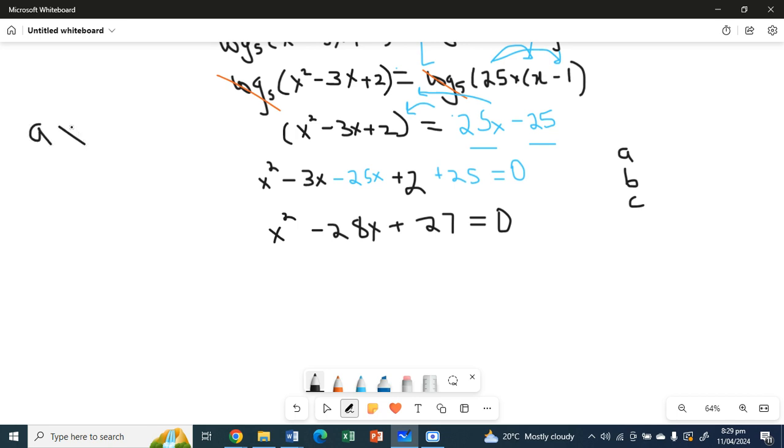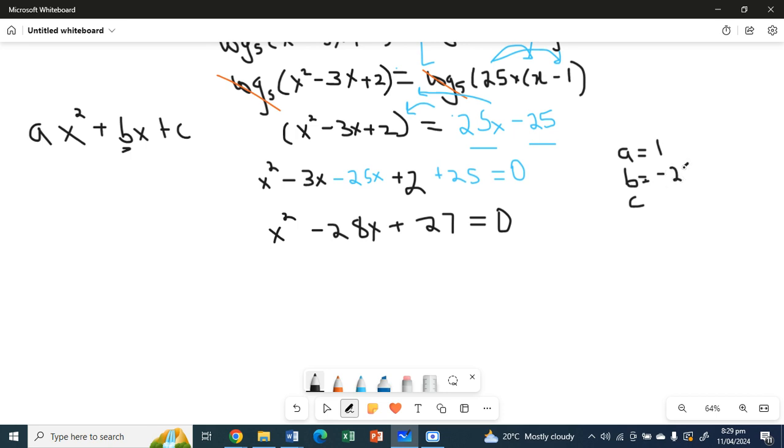Let me just write the format of the quadratic equation. ax squared plus bx plus c. So a represents the coefficient of x squared. In this case, the coefficient of x squared is 1. b represents the coefficient of x. So here in this case, b is negative 28.